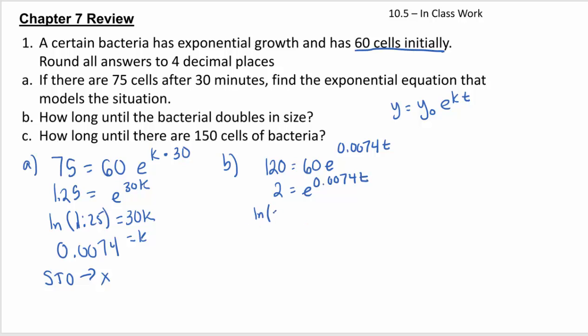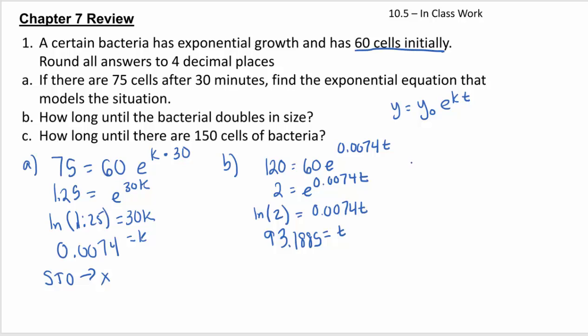So ln of 2 is equal to 0.0074 t, and then dividing. Now what I'm going to do is use this x value. So in my calculator, I am literally typing in ln of 2 divided by x. So I get 93.1885.